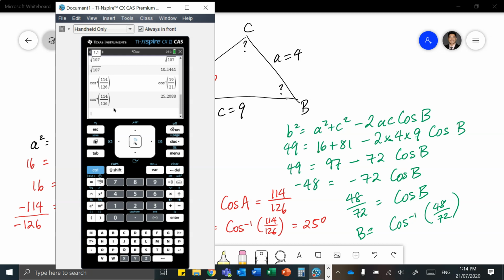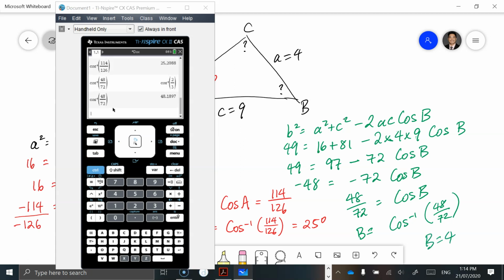Getting our calculator out, inverse cosine of 48 divided by 72 is equal to 48 degrees. So B is equal to 48.